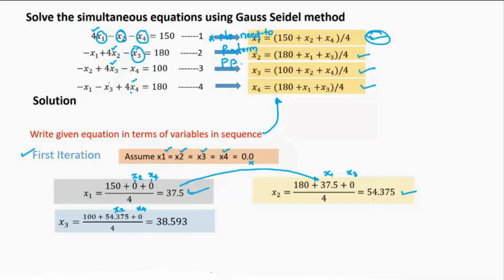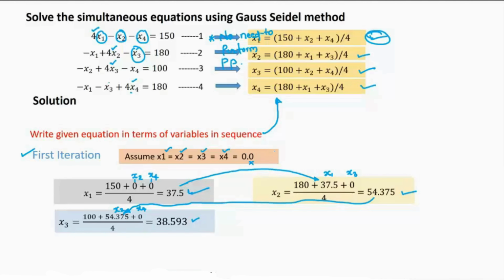So it means that we always have to use these recent values. And then, what is the recent value of x4? We have not yet computed it, but we assumed in the initial step x4 is equal to 0. So it is 0. Simplify, and you will get the x3 value.